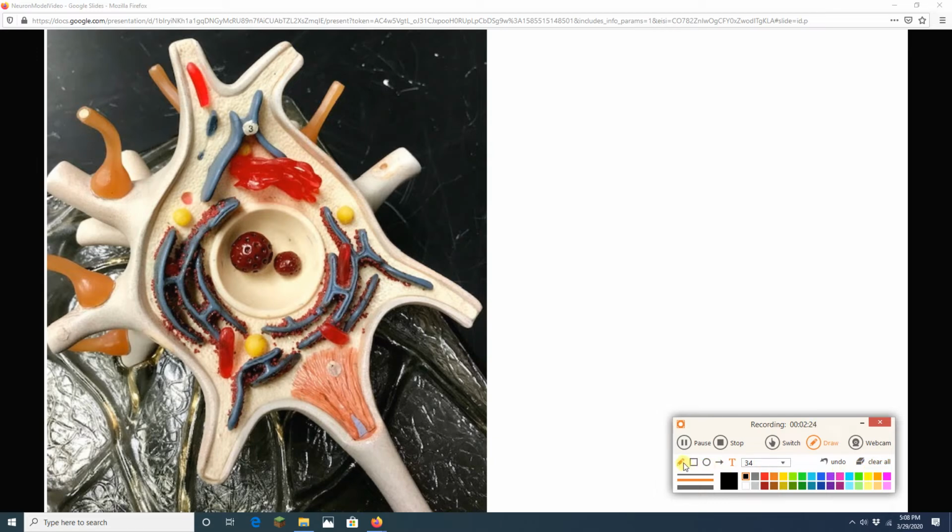Let's figure out a few more things. Now, if we look down here, this extension, this process right here, that is the axon.